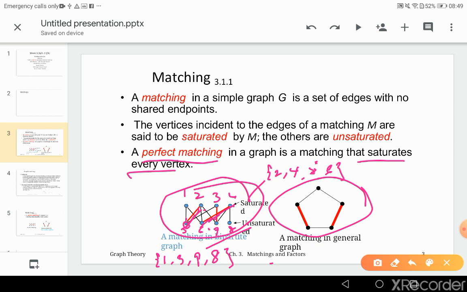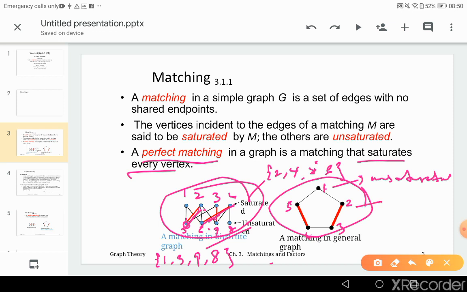How about this graph, a matching in a general graph? Where is the unsaturated vertex? Try to find the unsaturated vertex and the saturated vertices. Yes, good. Vertex 1 is the unsaturated vertex.